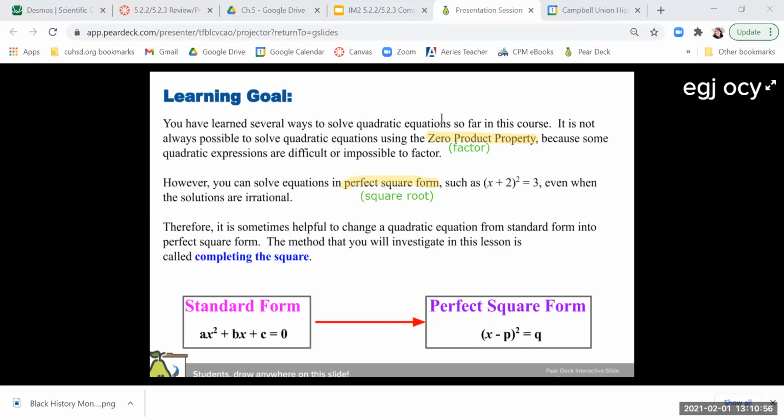That change from one form to the other is what we call completing the square. When we transition from standard form to perfect square form, we are completing the square, and that helps us finish the solving using square roots.